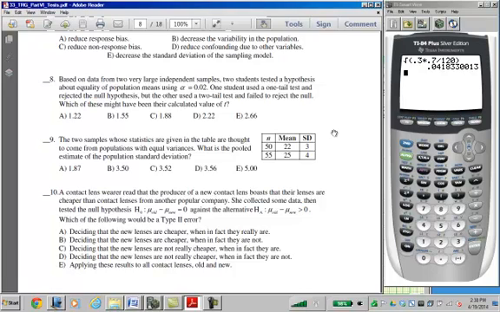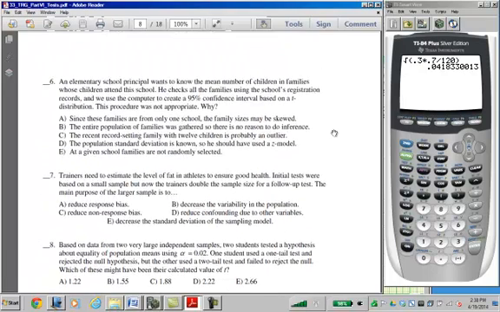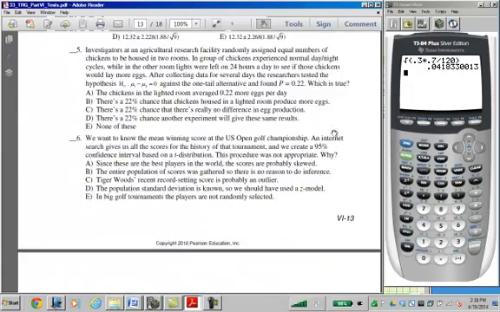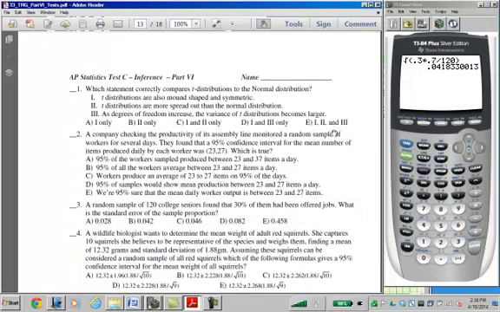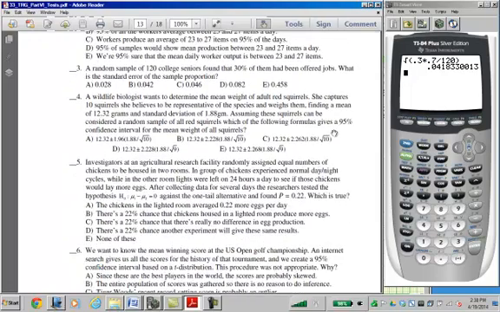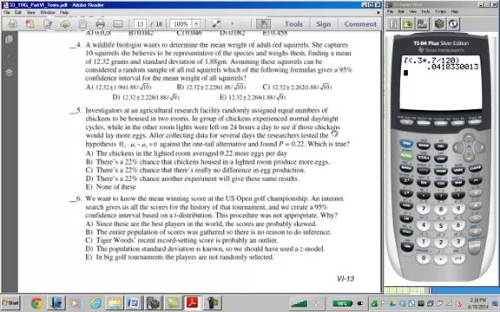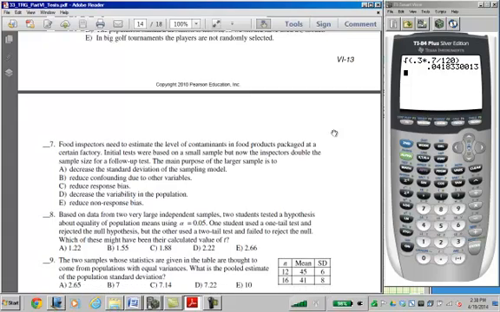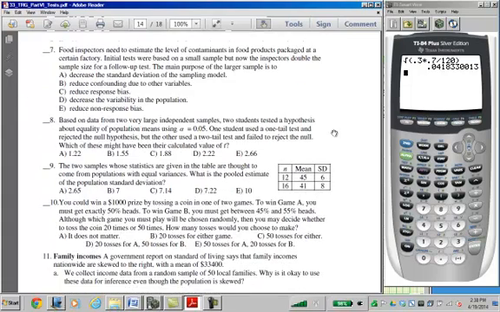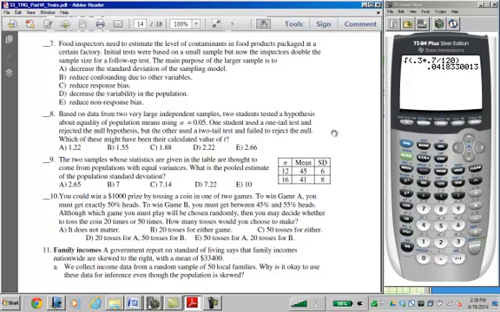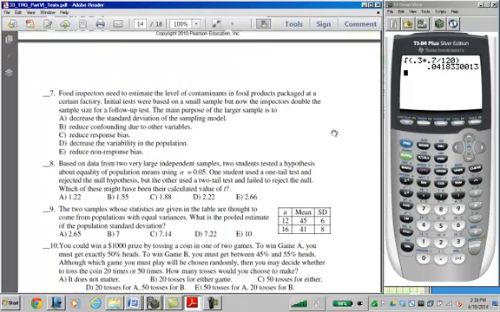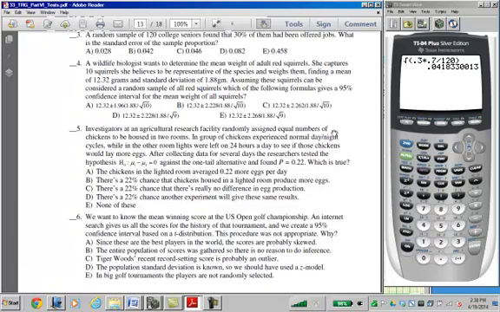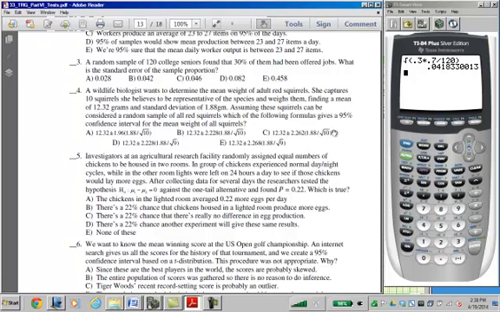All right, which test was this? Okay, here's test C. What do they ask us here? I guess they don't ask the error here.